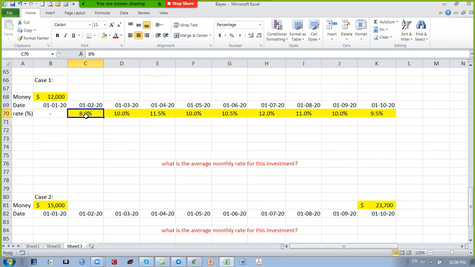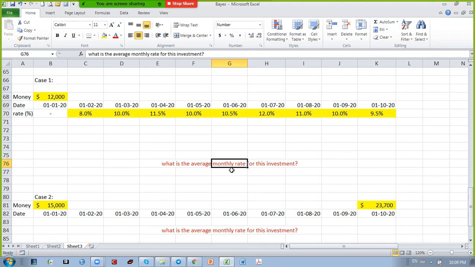The first month 8%, second month 10, third 11.5, the fourth 10%, the fifth 10.5, the sixth 12%, the seventh 11%, the eighth 10%, and the ninth 9.5%. My question: what is the average monthly rate of this investment or growth?